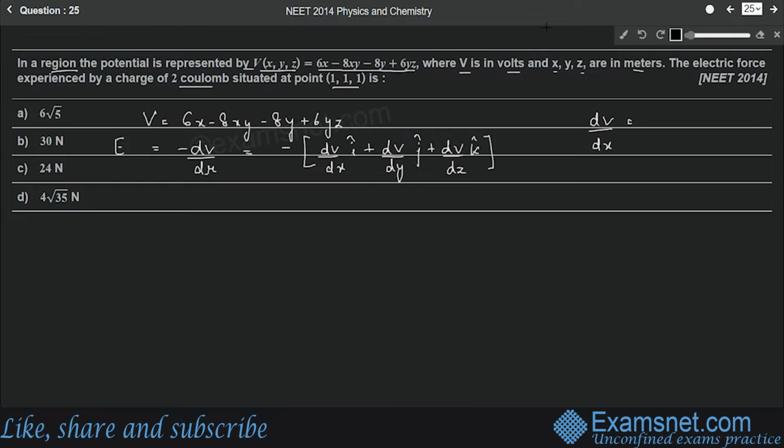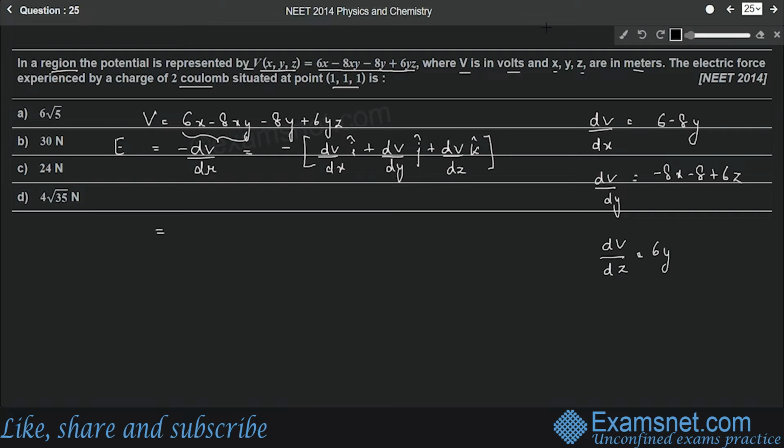That will be equal to the differentiation of the first two terms only, because x is present in the first two terms and others will be 0. So it will be equal to 6 minus 8y. Similarly, the value of dV by dy will be equal to minus 8x minus 8 plus 6z, and the value of dV by dz will be equal to 6y. Okay, so let's put these values here.